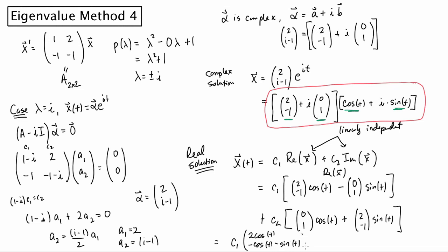And the second vector, across the top component is just 2 sine t. And the bottom component is cosine t minus sine t. So I think this is one of the better ways to write the final answer. But either of these two ways is the solution. So our solution here would look like this.